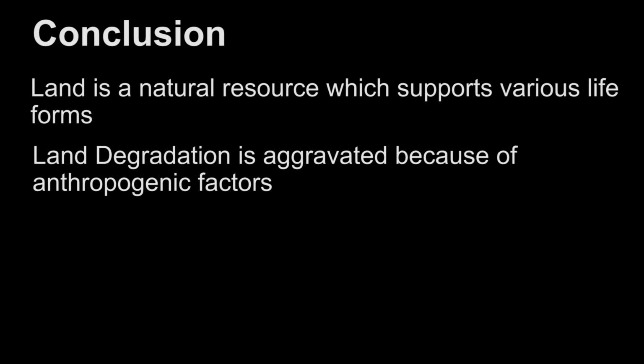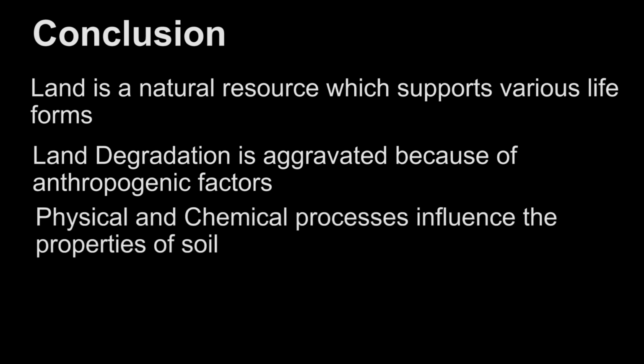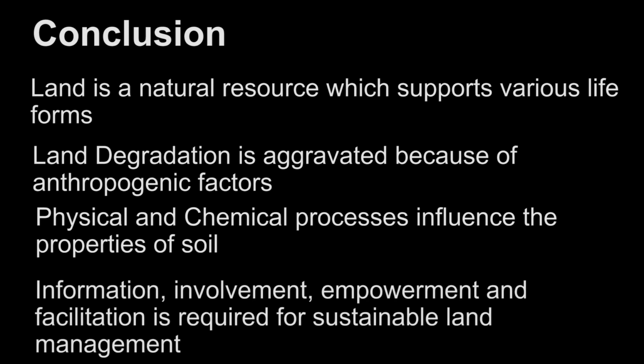So, because of this, the physical and chemical properties are changed, and to conserve this important natural resource, proper information, involvement, empowerment and facilitation is very necessary from all the stakeholders, so as to see that we are able to conserve this very important natural resource.